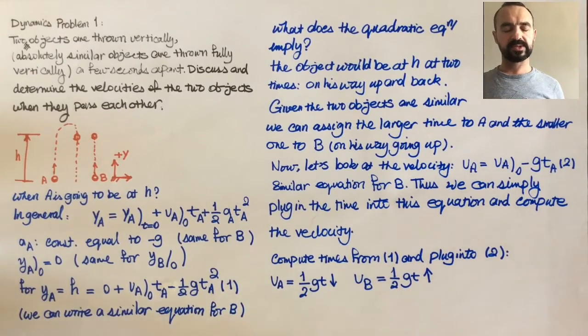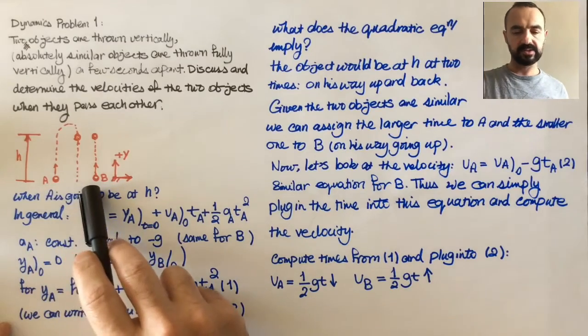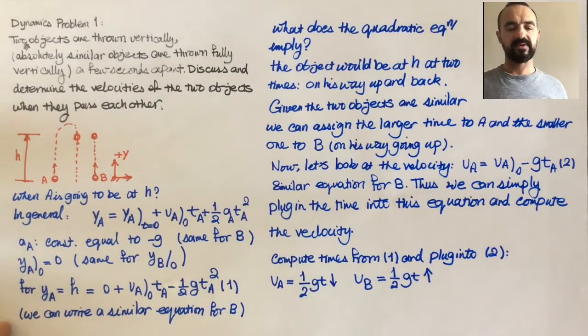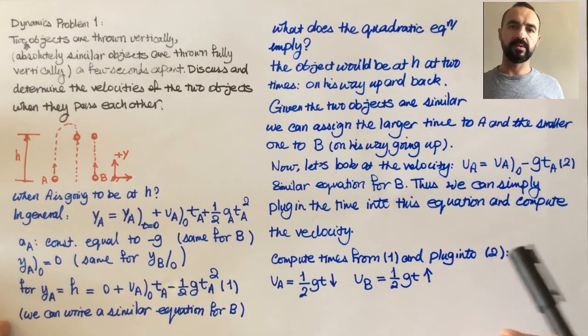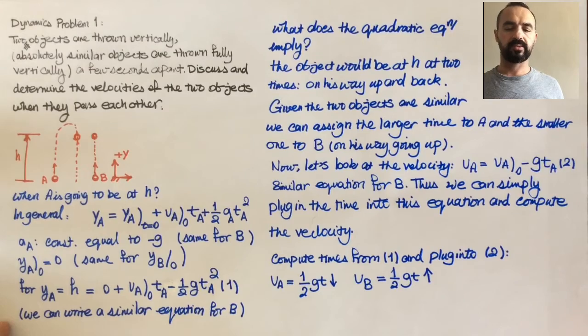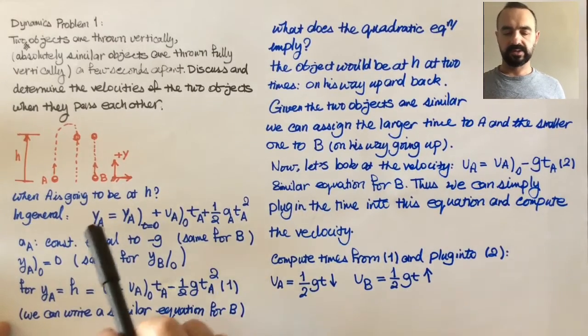The first problem I'm discussing now is I have these two objects. They're thrown vertically. They're absolutely similar objects in every possible sense, same mass, same geometry. The only difference is they are being thrown up vertically, with some time between them. So object A is thrown into the air, and then object B a few seconds later, say, is thrown into the air.